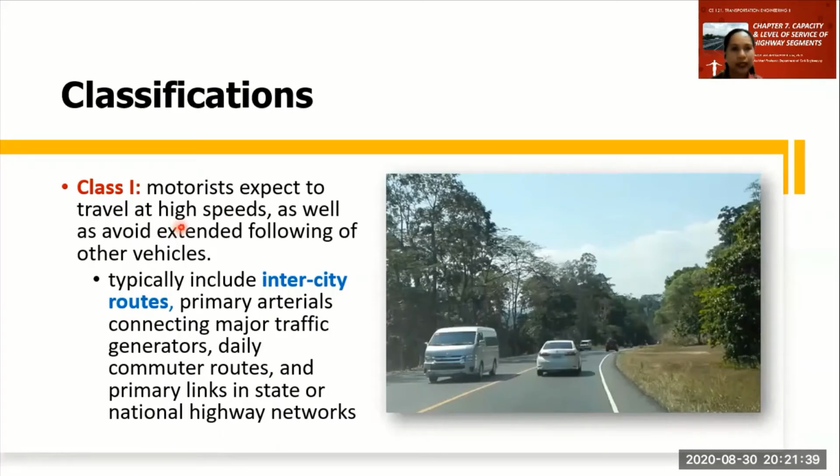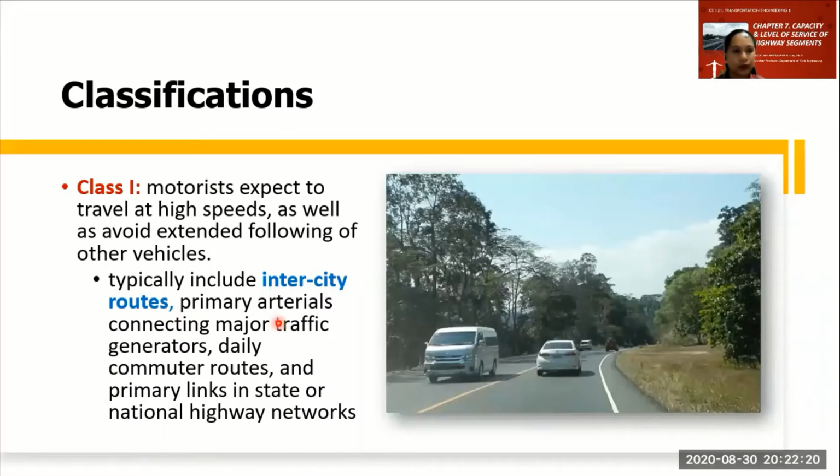For a Class 1 two-lane highway, motorists expect to travel at high speeds as well as avoid extended following of other vehicles. Usually the keyword here is intercity routes. When you travel from one city to another, the travel should be faster. For example, when you go to Alabang from Laguna, you will be able to use the South Luzon Expressway.